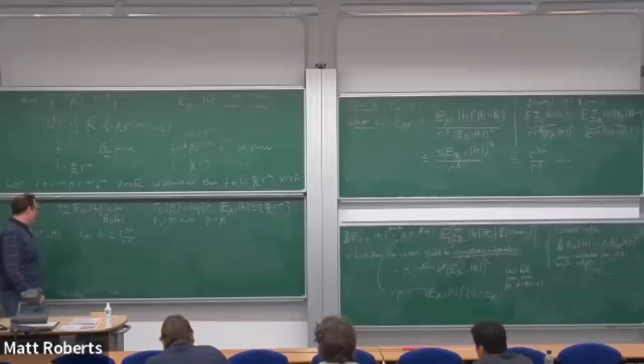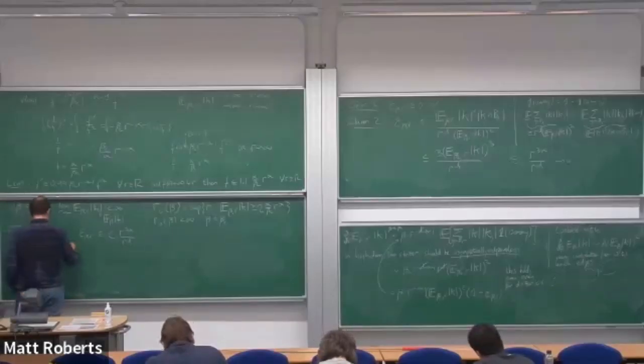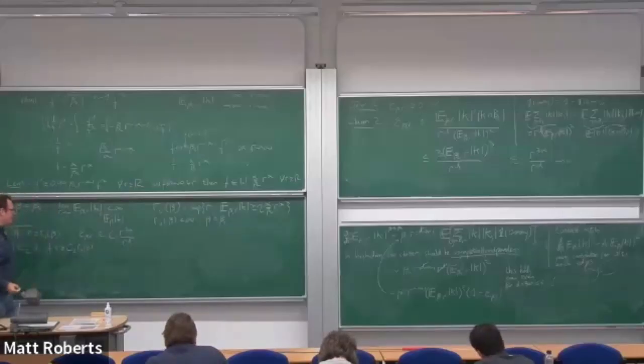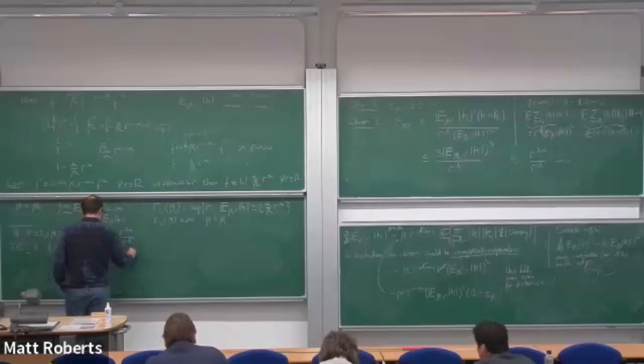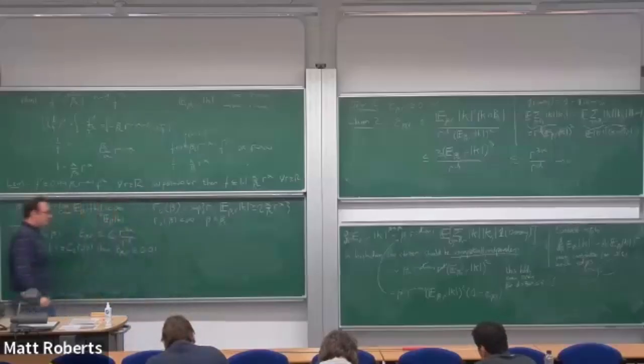Okay, and so in particular, there's some constant that we can define. There exist C1, C2, such that if R is bigger than C2 times R naught, then this error is smaller than 0.01.